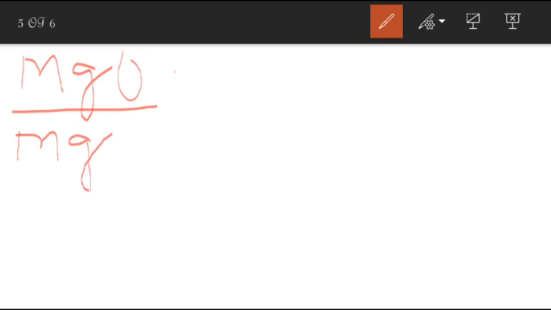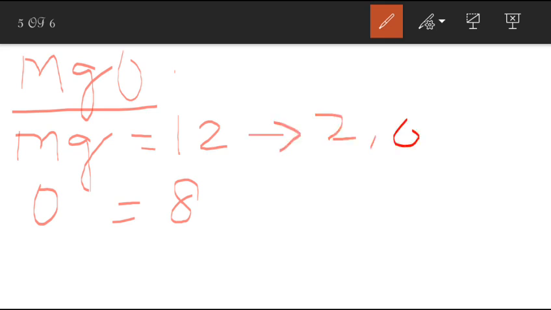You will follow the same procedure. Magnesium and oxygen, atomic number of magnesium is 12 and that of oxygen is 8. Electronic configuration of magnesium is 2, 8 and 2. Oxygen's electronic configuration is 2 and 6.